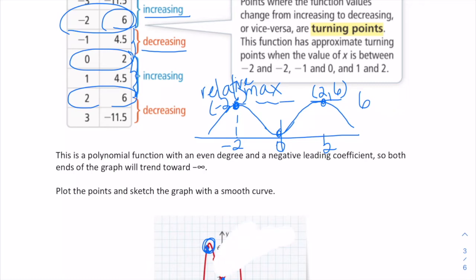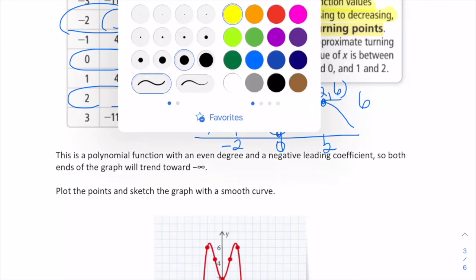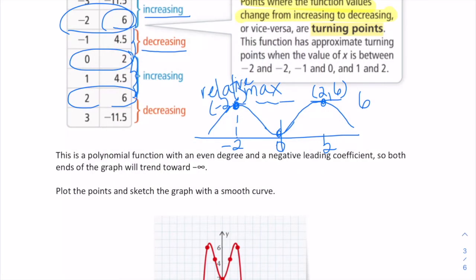So the turning point is where the function is changing from increasing to decreasing, or vice versa. We call those turning points because that's what's happening. The function is turning. And we actually have two types of turning points. We could have maximums, right? So if something is increasing and then decreasing, and then we could have minimums.